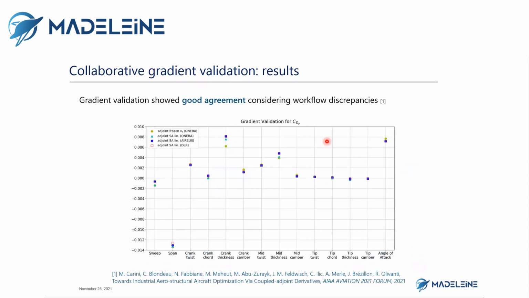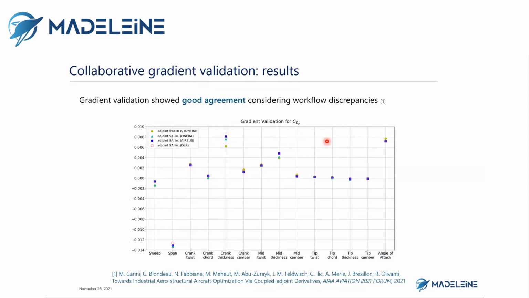So overall, first each partner compared its gradients with respect to the finite difference method, and then we also performed a cross comparison of our coupled adjoint derivatives. Here is an example for the pressure drag coefficient of the validation between Onera, Airbus, and DLR.